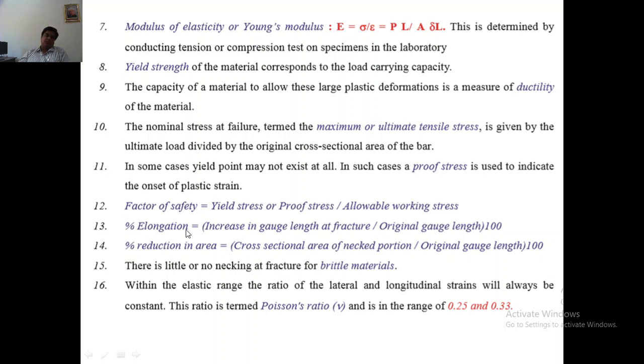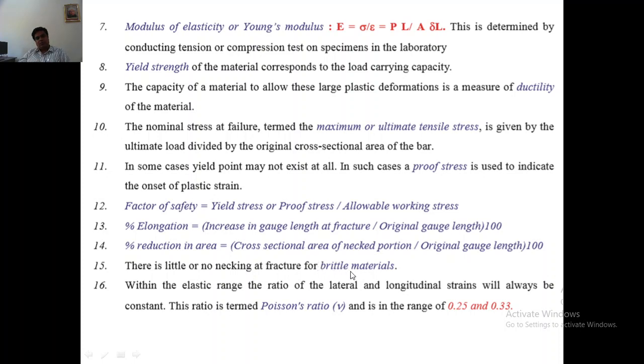Again, when you take the strain in one direction, there will be a reduction in area when the tensile load is applied. That percentage is change in cross-sectional area divided by the original area, into 100. So this is area here, not length. Again, we saw ductile and brittle materials based on how much elongation the metal will undergo.